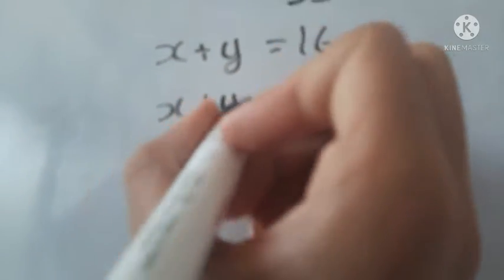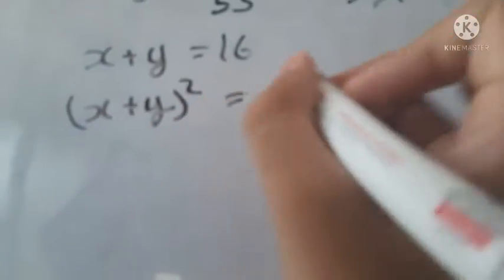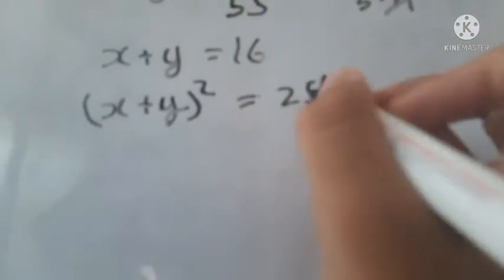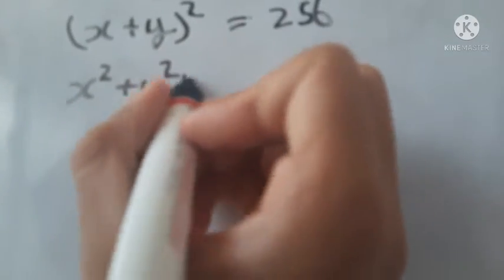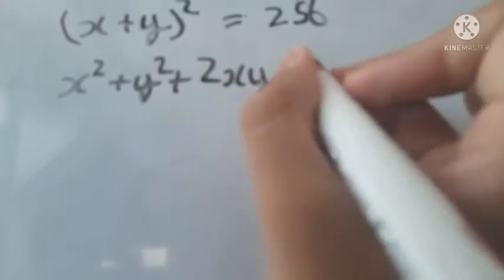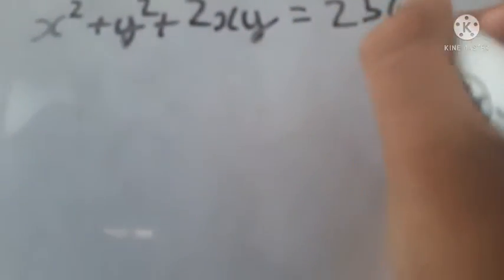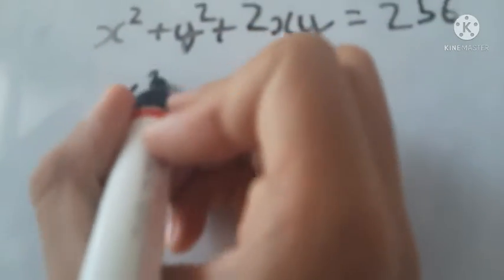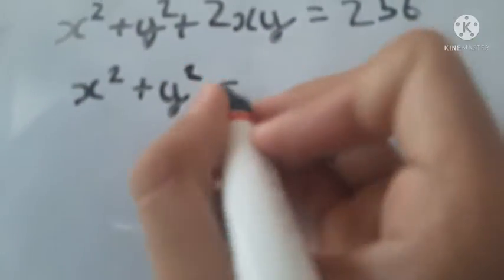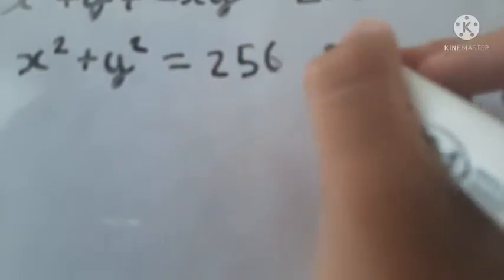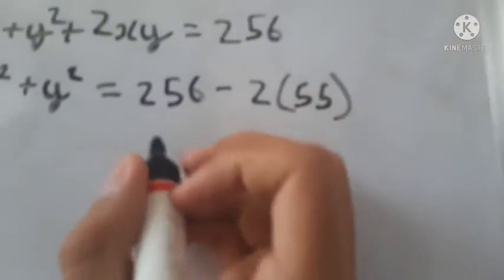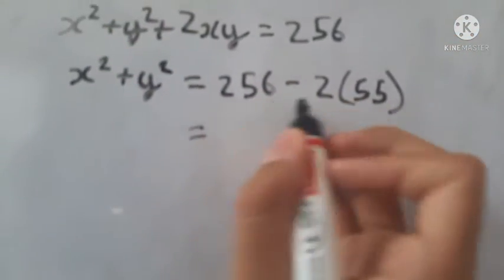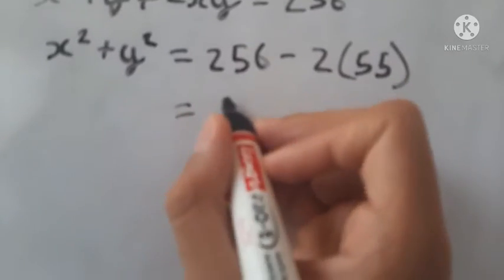So we'll take the square of both sides. x plus y whole squared is 256, since 16 squared is 256. So x squared plus y squared plus 2xy is 256. x squared plus y squared is 256 minus 2 times 55, and 2 times 55 is 110.